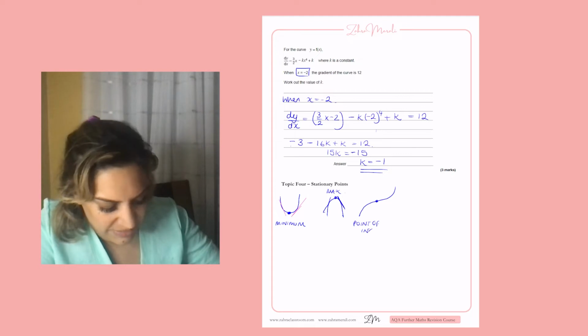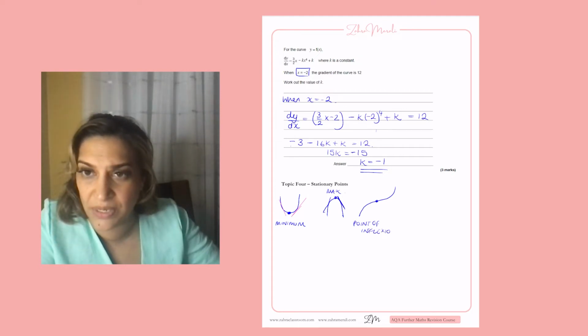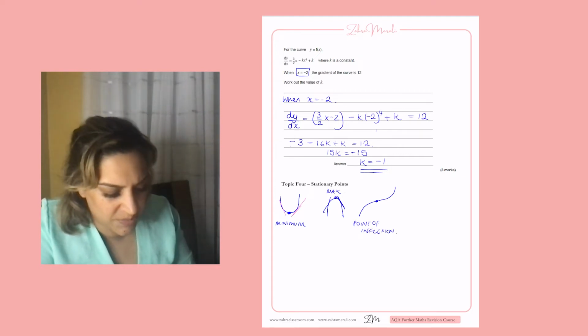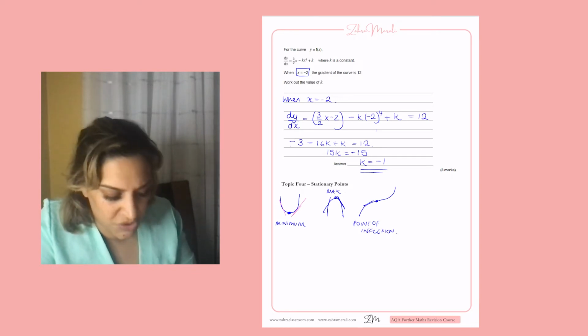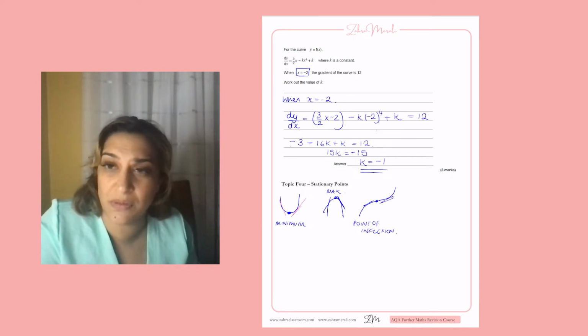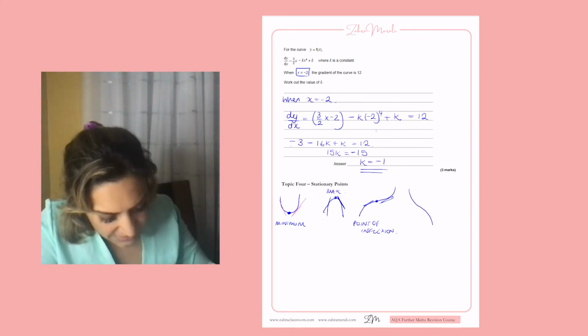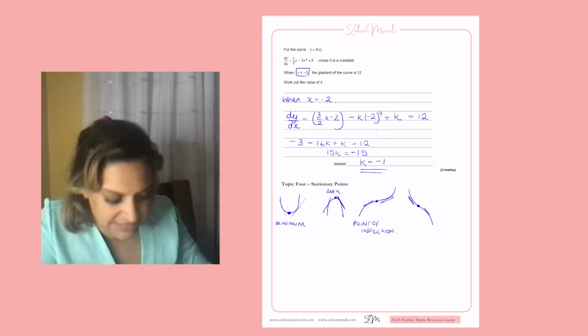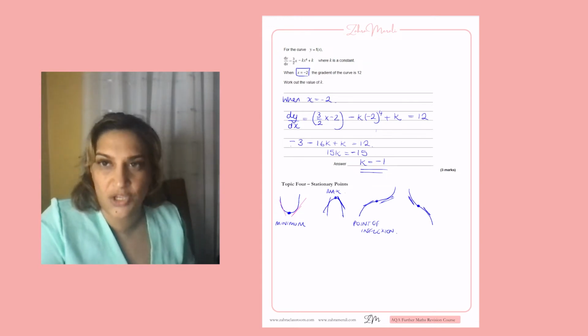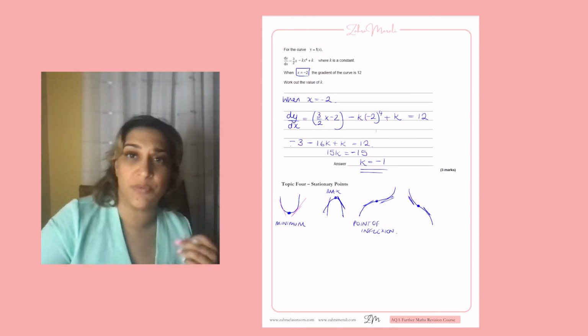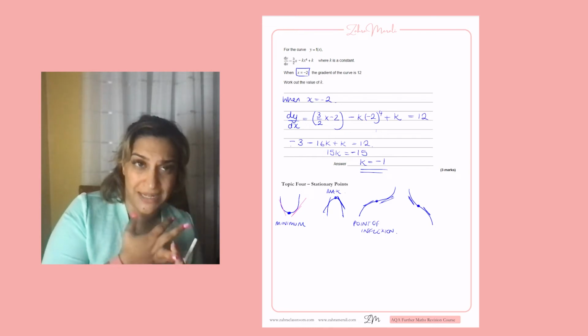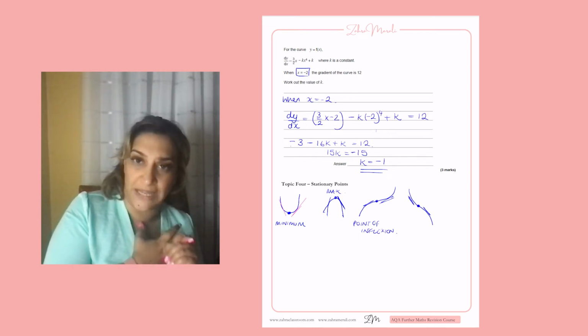Now this one's a bit more special. The gradient just before is positive, but so is the gradient afterwards. And you could draw it the other way around, at which point you'd get a negative followed by a negative. So there's 3 types of stationary points: your minimum, your maximum, and your point of inflection.